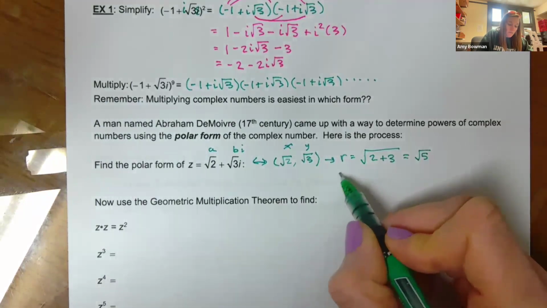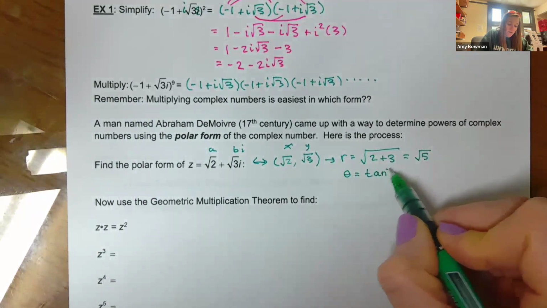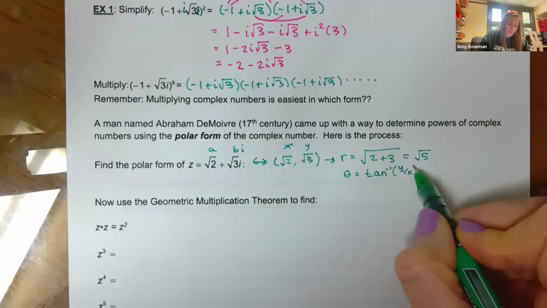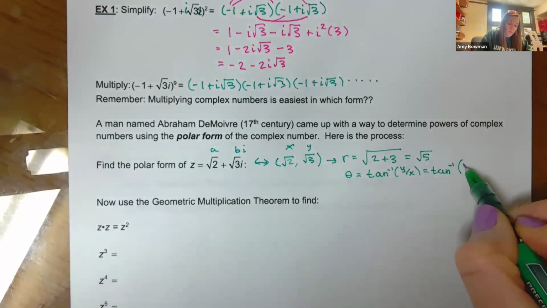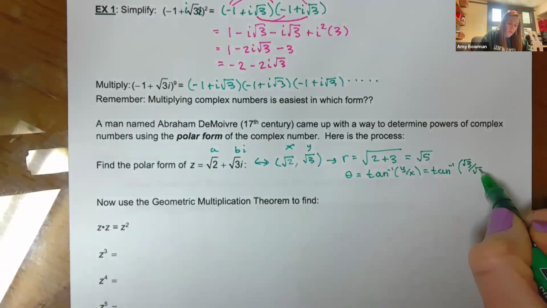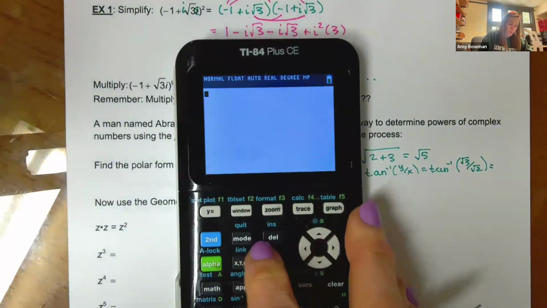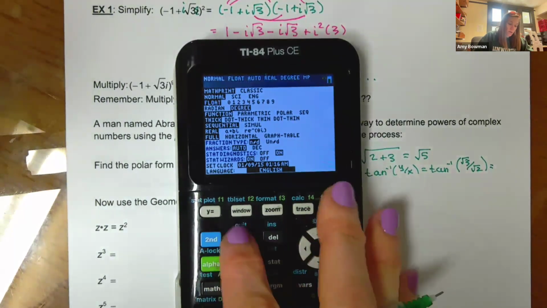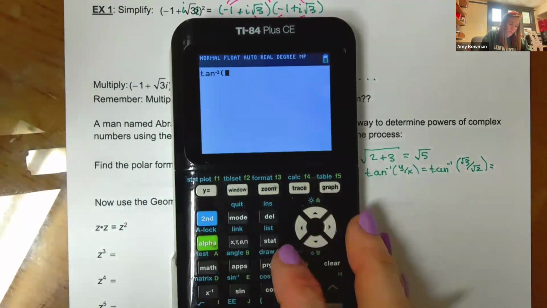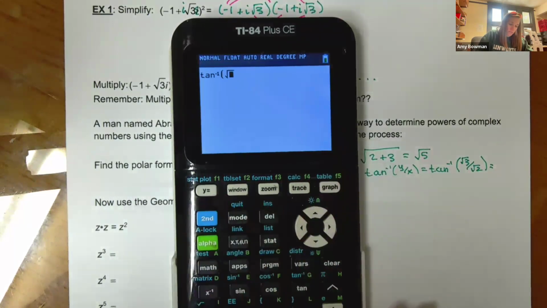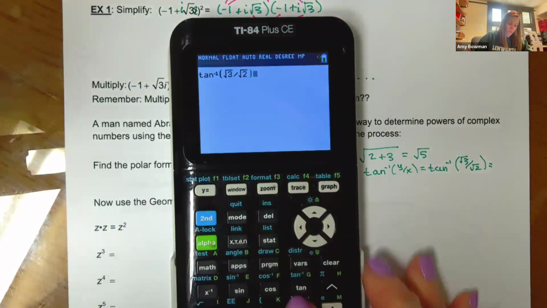Then we just need theta. We can compute theta by finding the inverse tangent of y over x, so the inverse tangent of root 3 over root 2. We grab a calculator, make sure we're in degree mode, and take inverse tangent of square root of 3 divided by square root of 2.